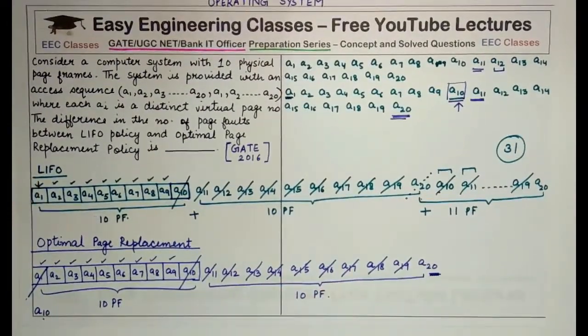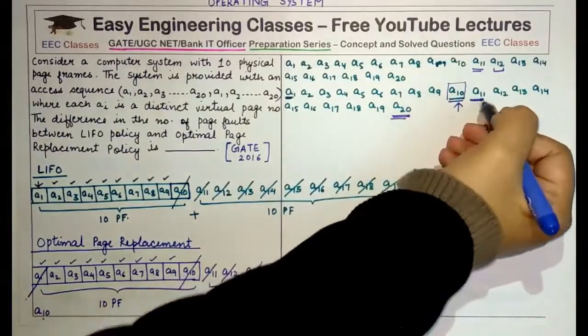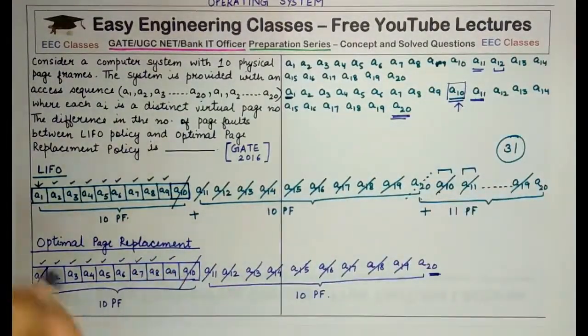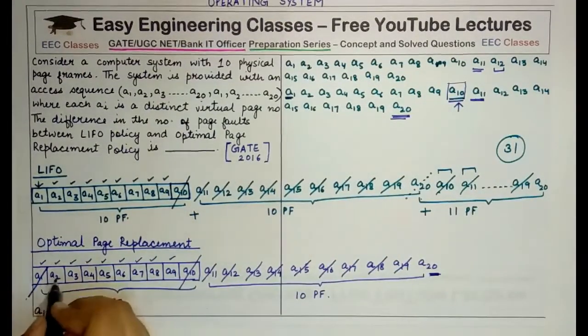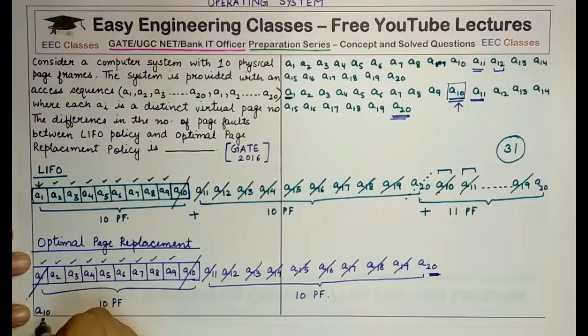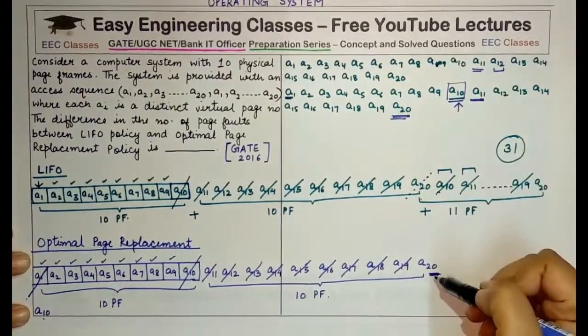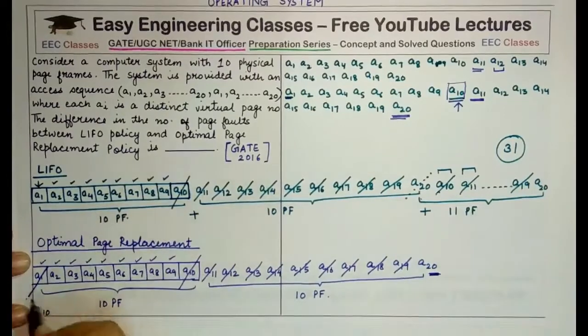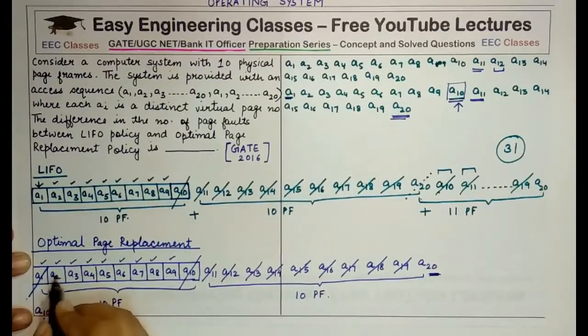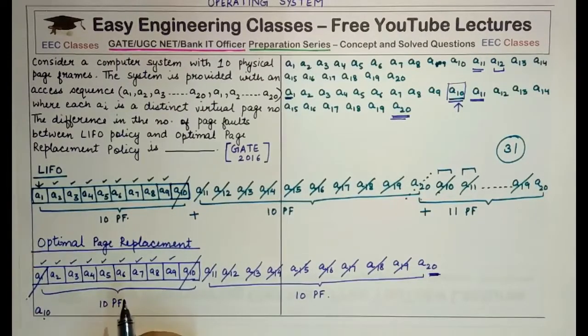Alright, again when I proceed here and I come to A11, A11 would replace A2 because A20 is required, and if I have to choose between A2 and A10 to replace, A2 is the one that entered before A10.